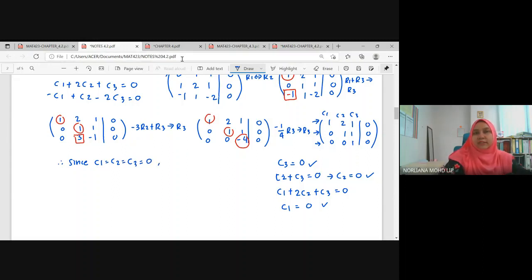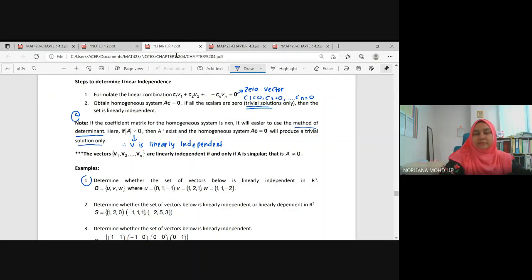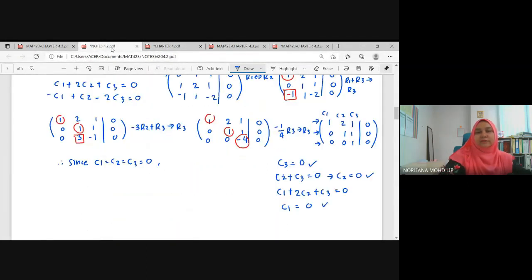Therefore, okay, ni set S. Okay, B. Ni dia guna B kan. Or the set of vector lah. Therefore, the set of vector B is linearly independent.